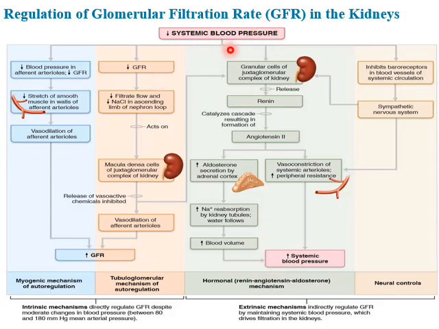When your systemic blood pressure drops, your glomerular filtration rate is also going to drop. That means the filtrate flow and the sodium chloride flow in the ascending limb of the nephron are also going to drop.